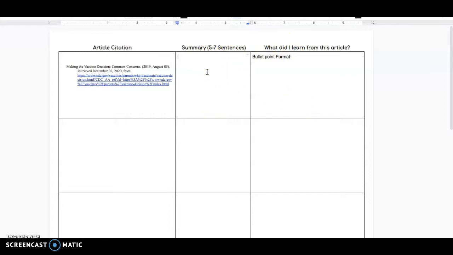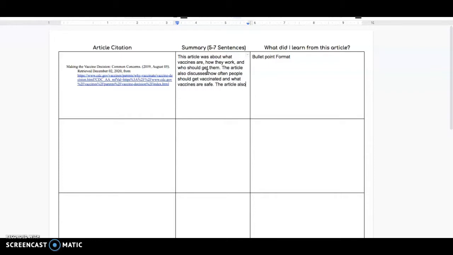So for example, reading all of that, I would say this article was about what vaccines are, how they work, and who should get them. The article also discusses how often people should get vaccinated and what vaccines are safe.